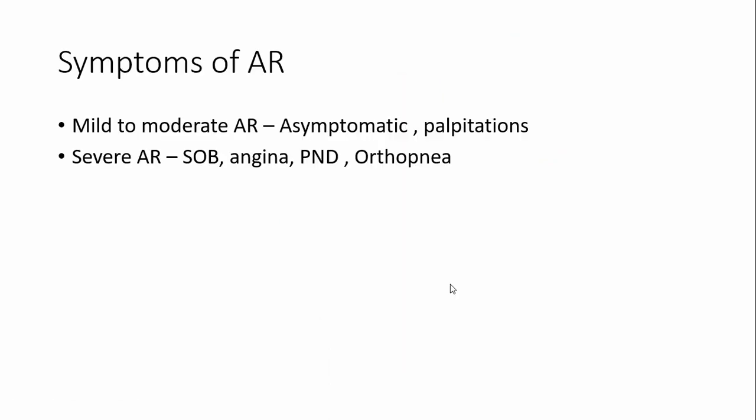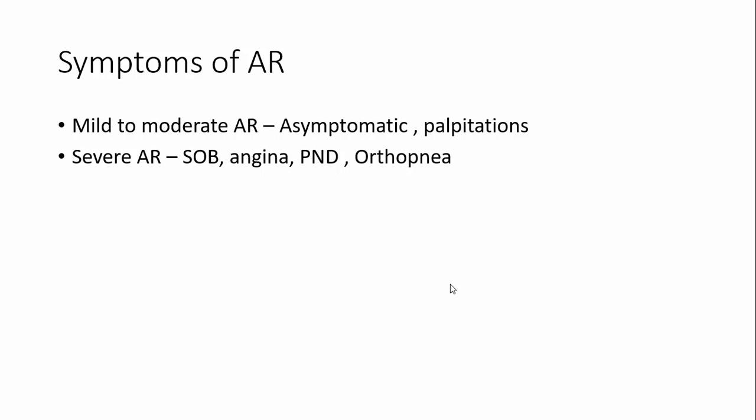If the aortic regurgitation is mild to moderate, patients are generally asymptomatic, but they do have palpitations. Palpitation is the subjective awareness of the heartbeat. If the aortic regurgitation is severe, the patient starts having symptoms of left heart failure like shortness of breath, angina pectoris, paroxysmal nocturnal dyspnea, and orthopnea.